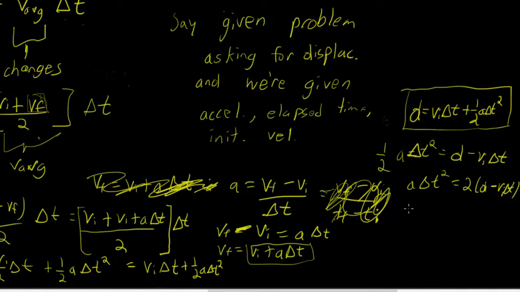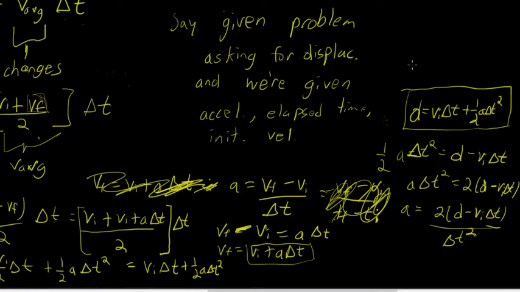Then a is just equal to 2 times d minus vi times delta t, over delta t squared. The point being here, if you know any three of these four quantities, you can solve for the fourth.